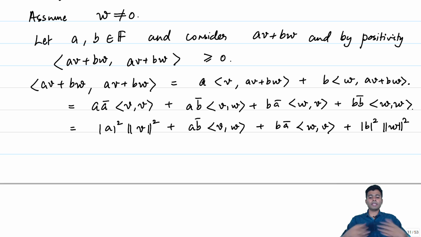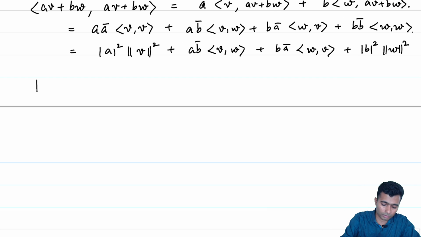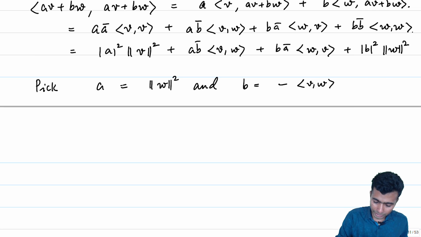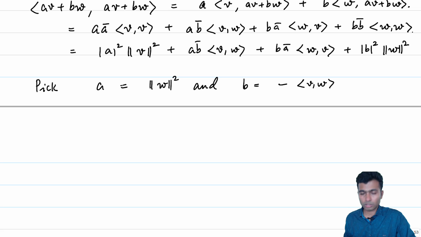Now this is true for any scalars A and B. So in particular, if we pick our scalars A and B carefully, we can say quite a lot of things about what we want to conclude. So pick A to be equal to mod W square, and B to be equal to minus of V comma W. So pick A and B to be these two scalars.